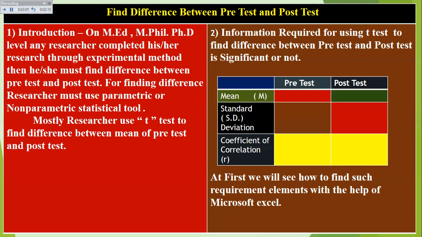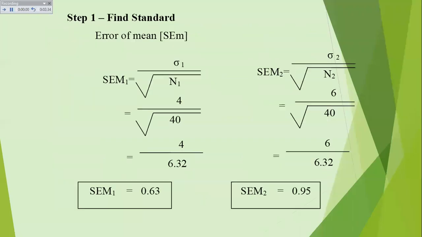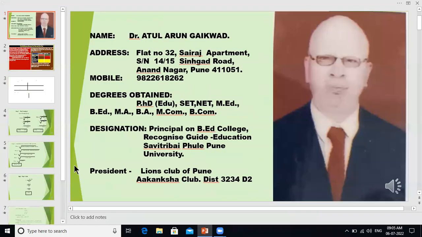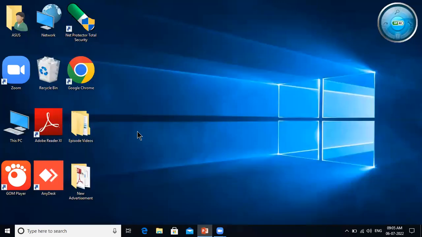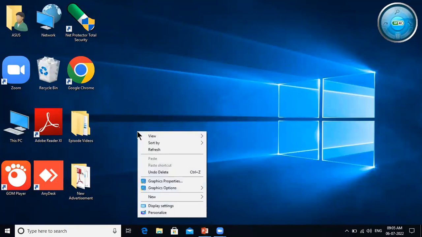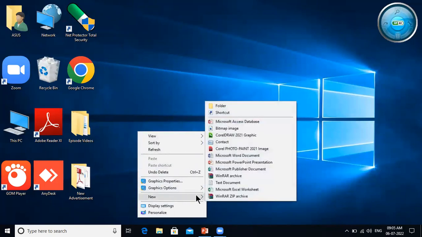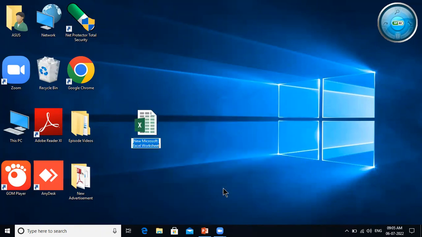So friends, let us first discuss how to find this mean, standard deviation, and coefficient of correlation with the help of Microsoft Excel. First, right click, then New, then the second last option, that is Microsoft Excel.